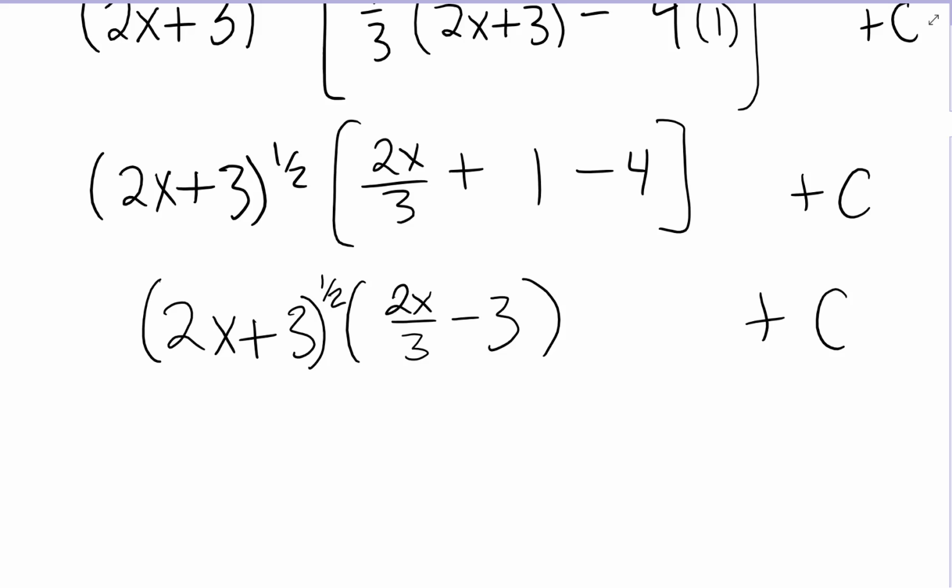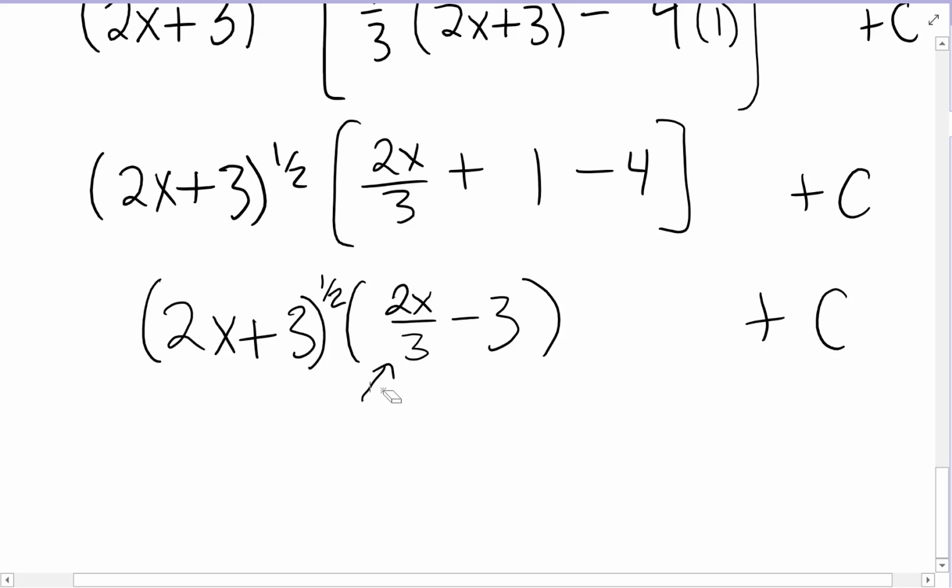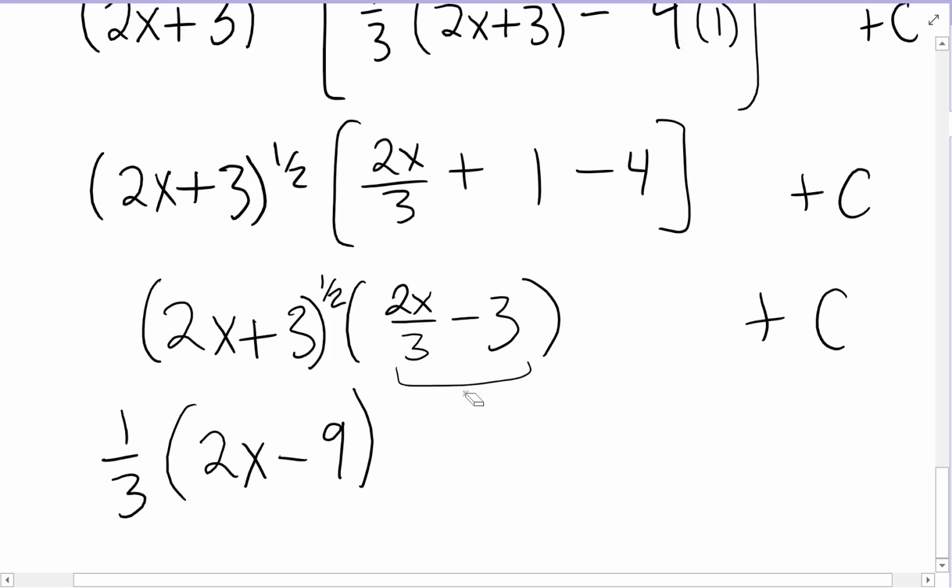We're still not quite done because they would not leave a fraction inside of a factored piece. So we're going to factor out this 1/3. If I factor out a 1/3 from this parentheses, I am dividing 2x over 3 by 1/3, which leaves me with 2x. I'm also dividing -3 by 1/3, which leaves me with -9. And you can check by distributing back and you will get this.